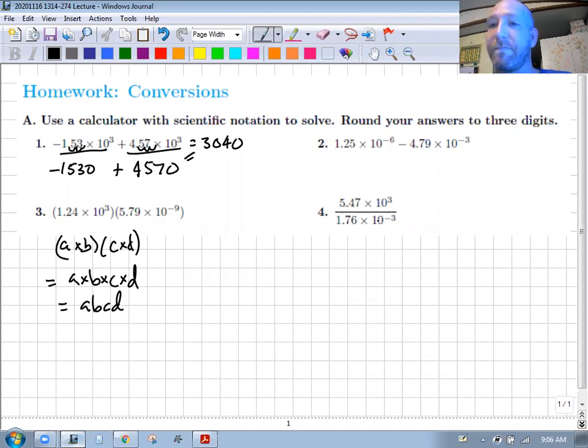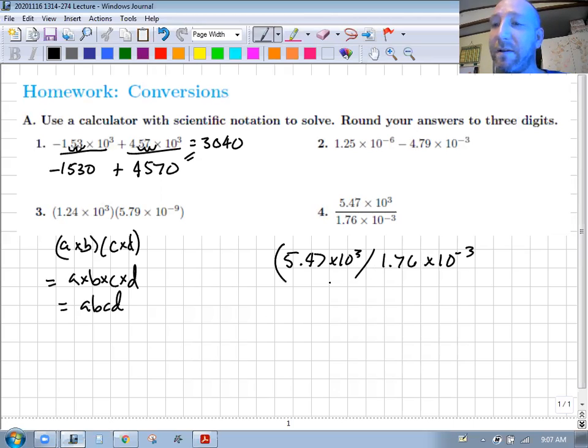That's how most of us would write it. So this one, if we're going to type it in, we have to be careful because we are going to have to put parentheses when we enter it in. If we just type that in, we wouldn't get the right answer.